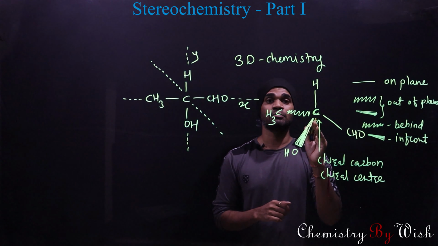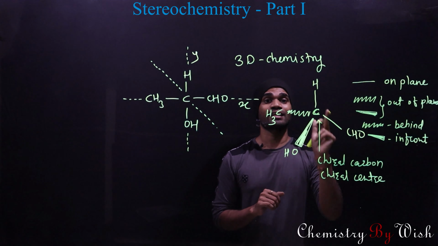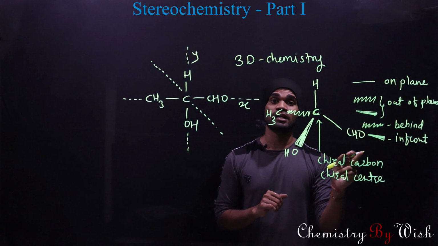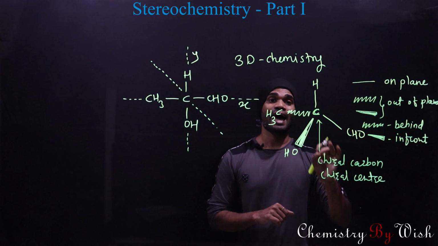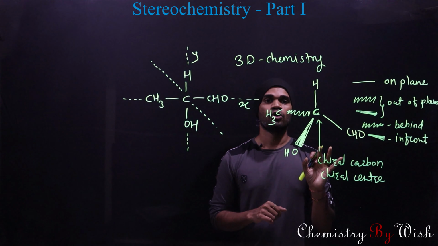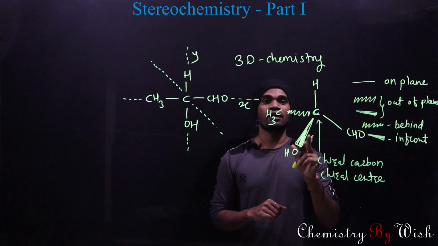If a carbon atom is directly attached to four different groups, that carbon is called a chiral carbon atom or chiral center, and the whole molecule is called a chiral compound. So stereochemistry is nothing but the study of chiral compounds.